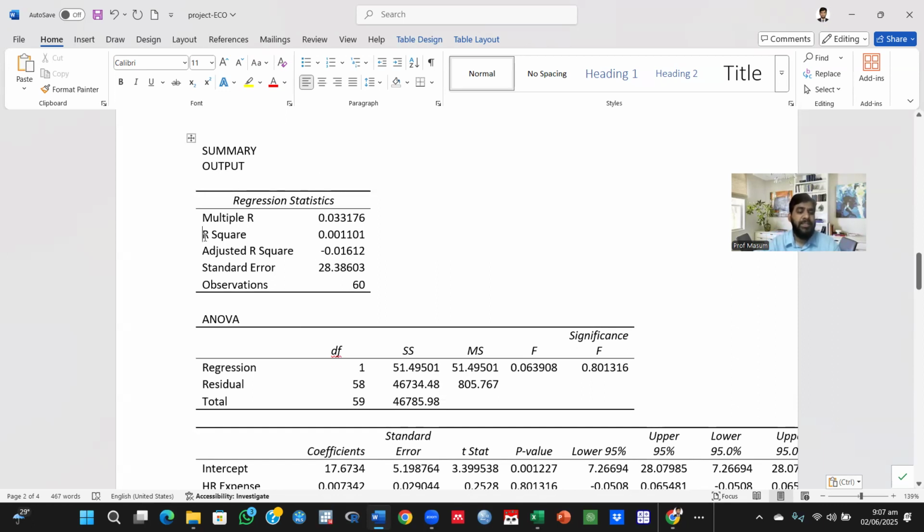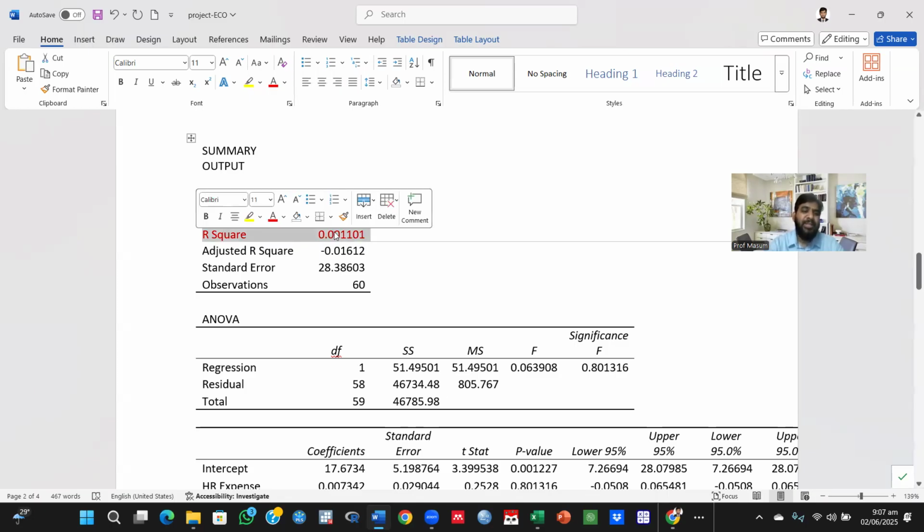While you are writing, you are going to explain R square. R square indicates that only 1% of the variation is explained by the independent variable, so reliability is very poor.